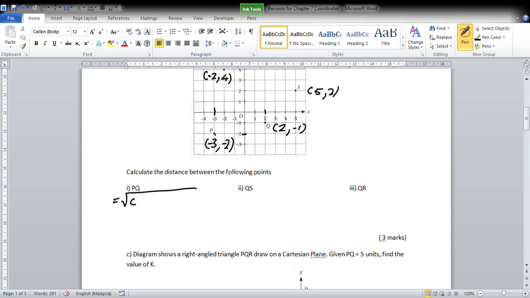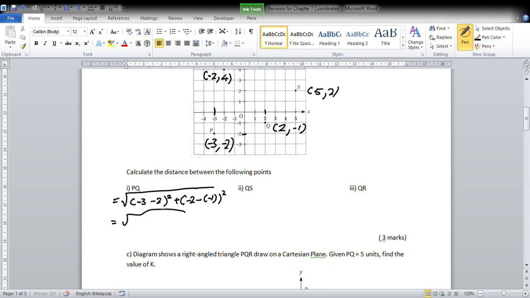Let's say I take P as point 1, Q as point 2, and then we substitute -3 minus 2 squared plus, for y, -2 for P as y1 minus bracket -1. Because there's a negative, that's why I put a bracket.